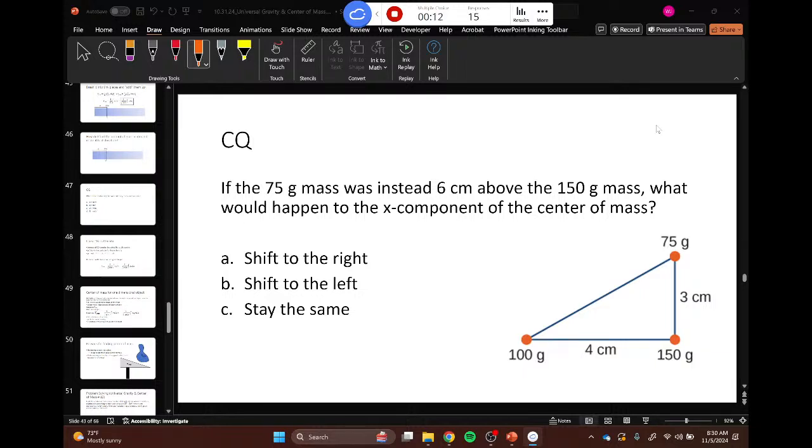Yeah, I should have added more options on here. I should have put shift up and shift down. There's a little bit of hints in the answers.